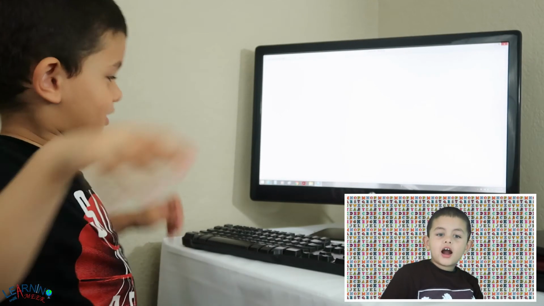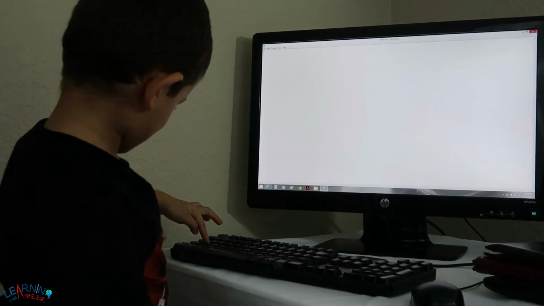Here I am writing uppercase alphabet on a computer.